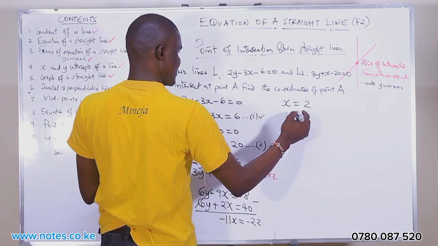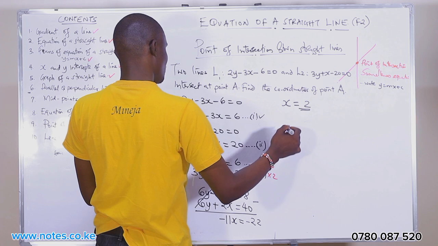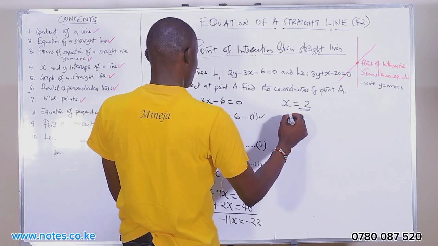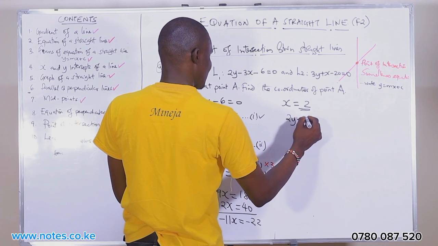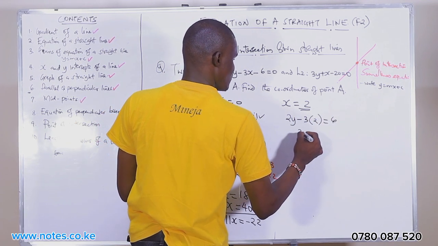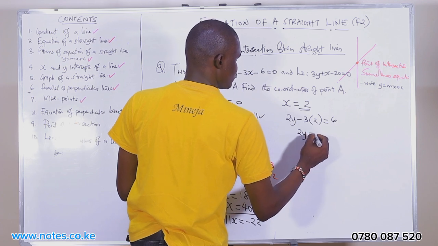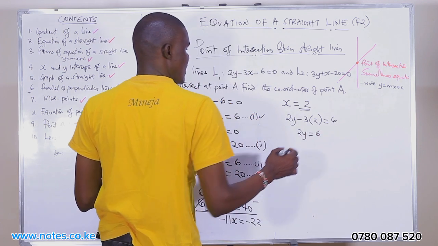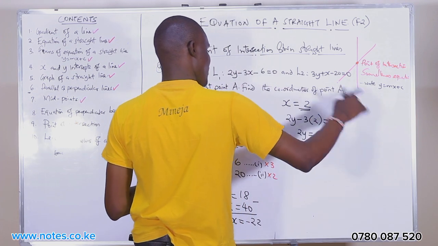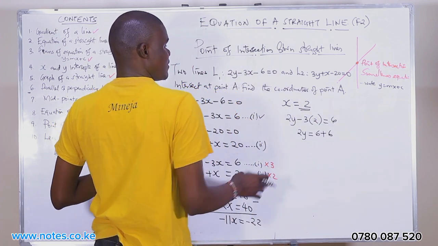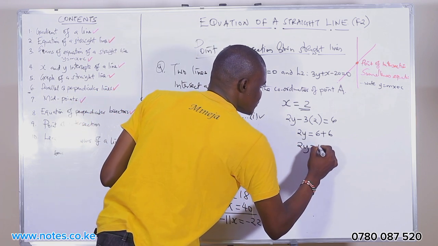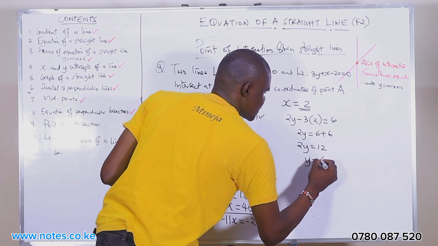Anywhere I see x, I'll put 2 so that I get the value of y. So I'll say 2y minus 3 times x, which is 2, is equal to 6. So 2y is equal to 6 plus 6. When they cross the equal sign, the sign changes. So 2y is equal to 12 and y is equal to 6.